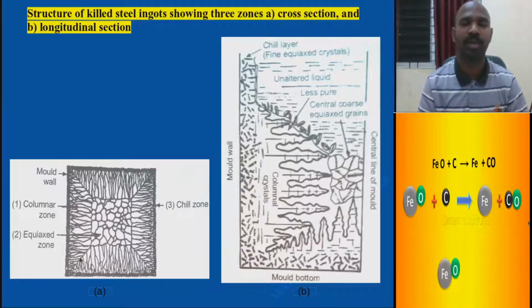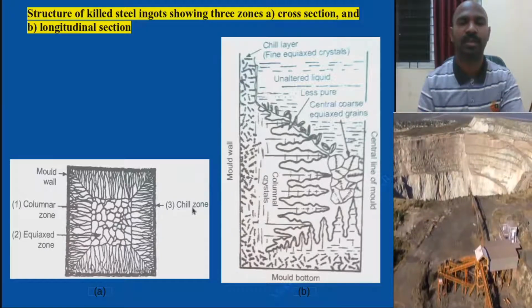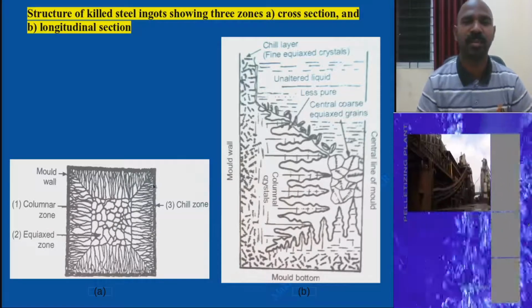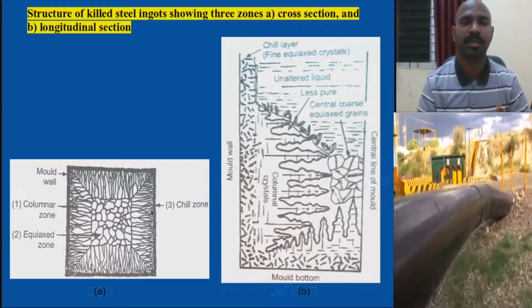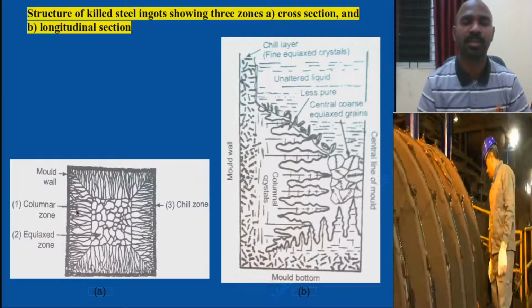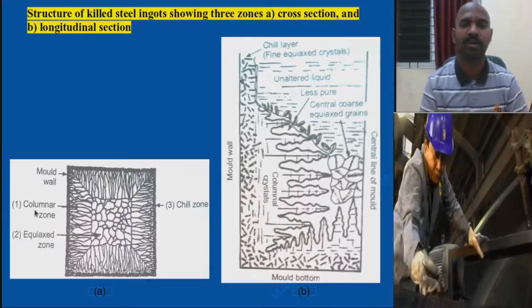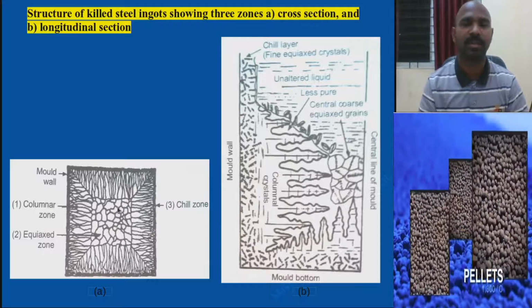The structure looks like this. This is the mold wall, and nearest to the mold wall very small grains appear. That particular zone is called the chill zone. Immediately, because of the temperature difference between the liquid steel and the mold, it nucleates the smallest grains. After this chill zone the heat transfer is in the opposite direction, and columnar grains grow in the other direction.